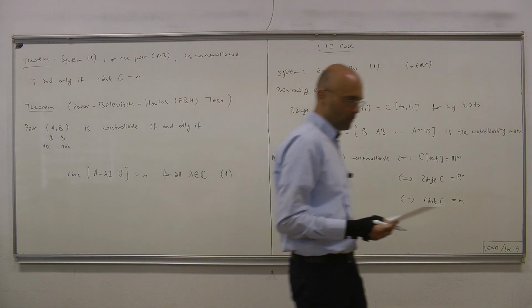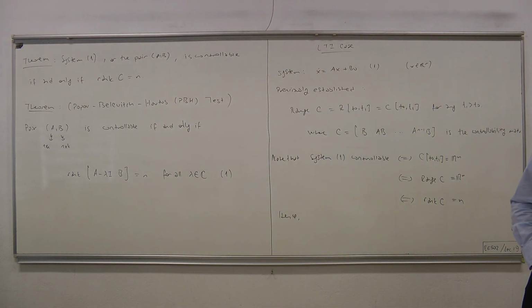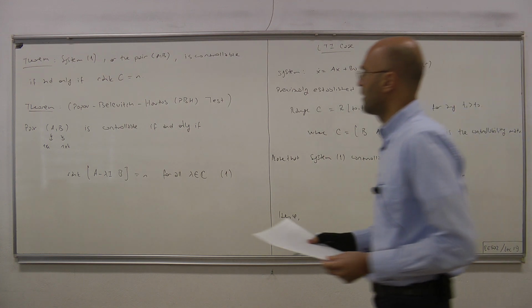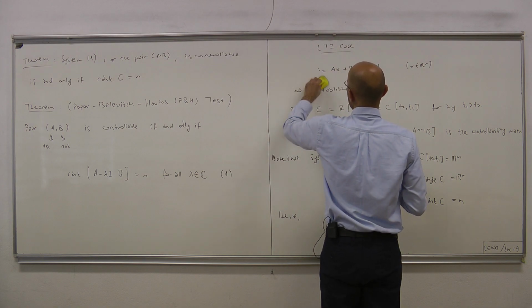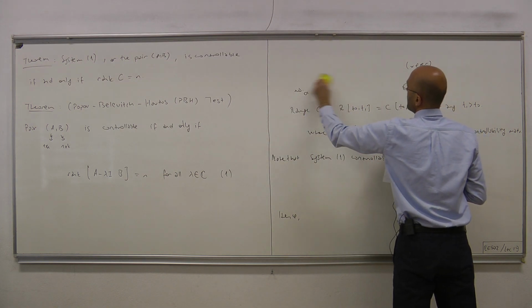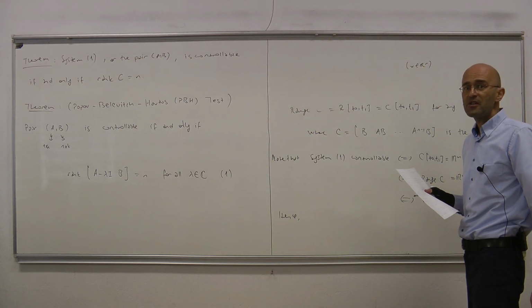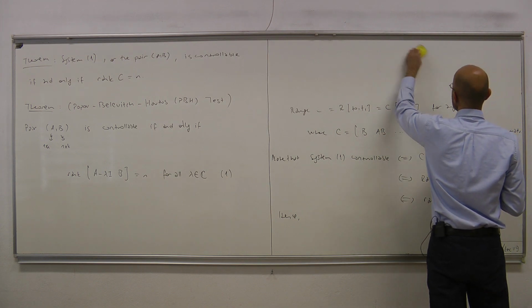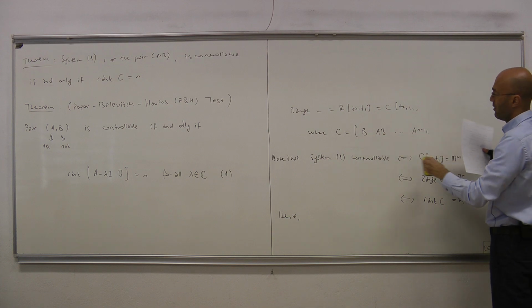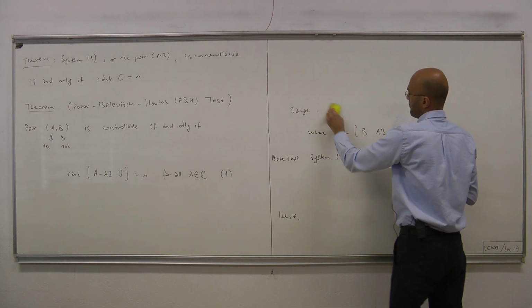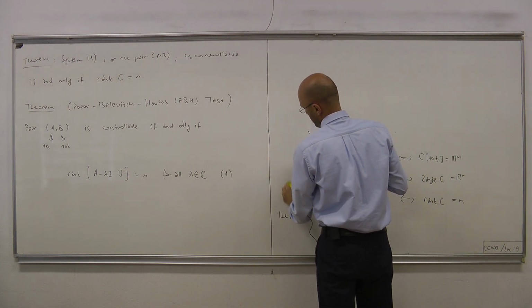And now we're going to prove it, partly using our previous theorem. That is, we're going to use the link between the controllability matrix and controllability of the system to establish the claim of our last theorem, the PBH test.